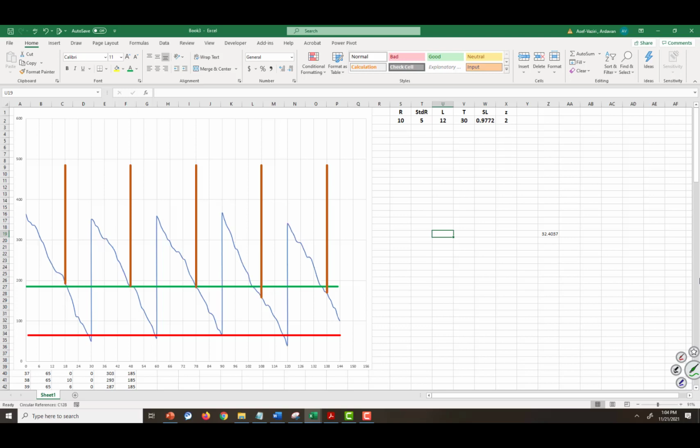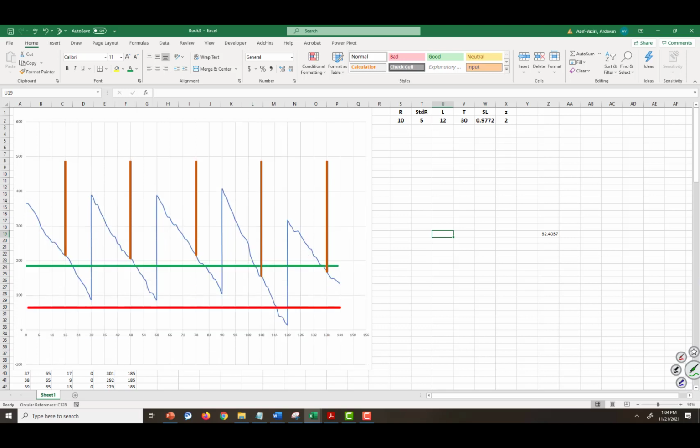Things like this may happen. But the interesting point is my inventory level, my maximum inventory level will never reach this level. Because when I place an order and I assume that I need this much, when I receive the order, I have already consumed that part.